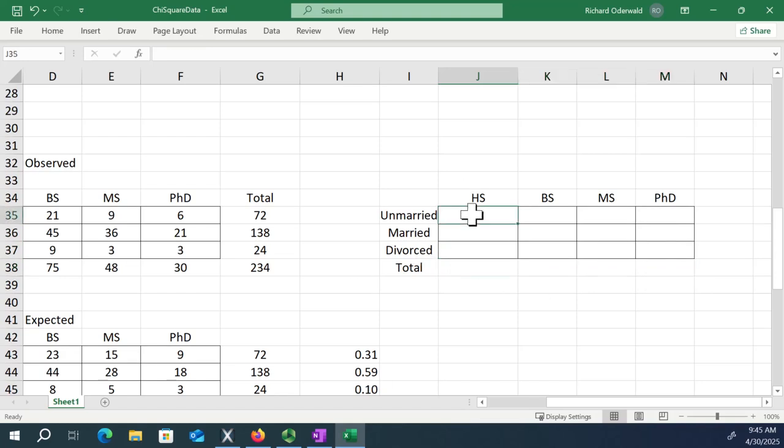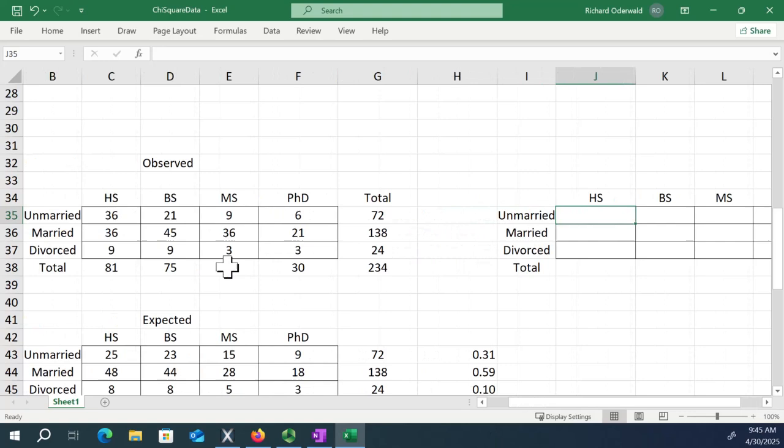In this cell, I'm going to get the difference between the observed value and the expected value. The difference between 36 and 25. So this is going to be equal to observed 36 minus 25. There's 11 people difference in those.